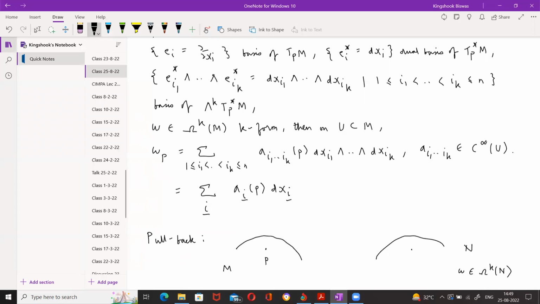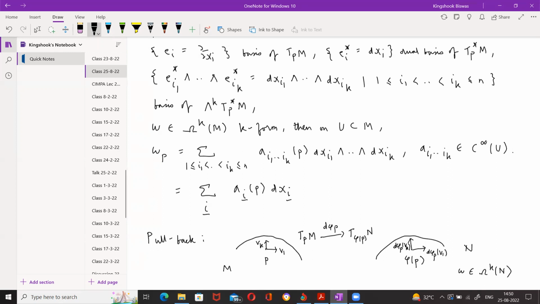So given K tangent vectors, V1 to Vk at P, I have my map phi, which sends P to phi of P, and the derivative d phi at P. This is a linear map from TPM to T phi P N. So I can apply this linear map to these vectors to get vectors here, d phi P V1 to d phi P Vk.